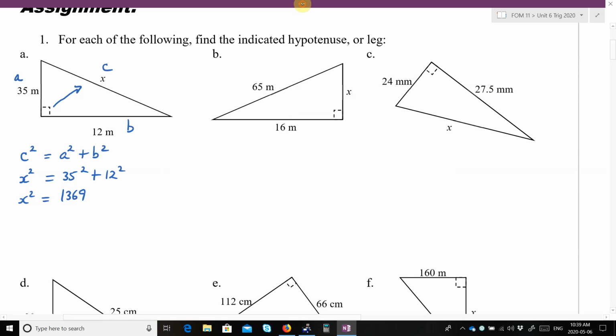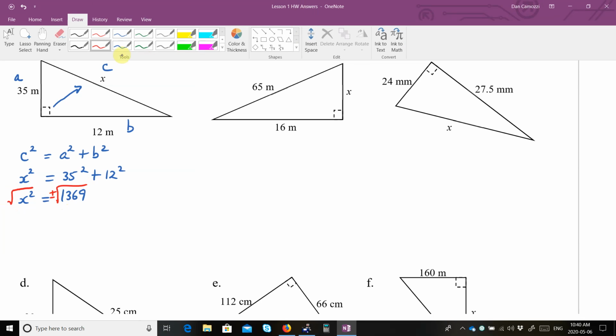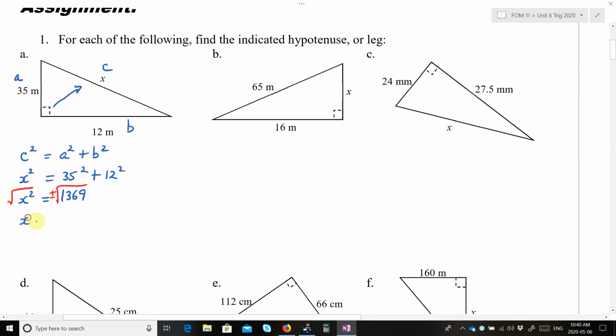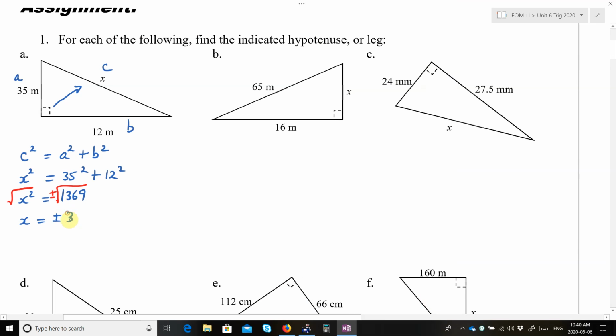And of course, to get x by itself, when you have x squared, you have to square root. We square root both sides, and technically the plus or minus answer could work. So x is equal to plus or minus the square root of 1369, which is 37.